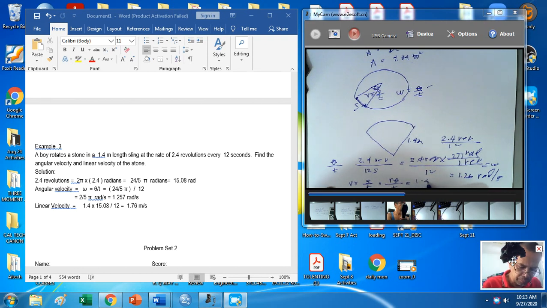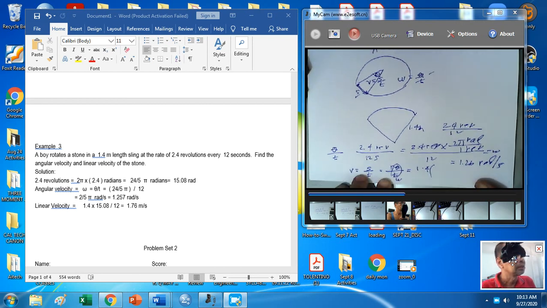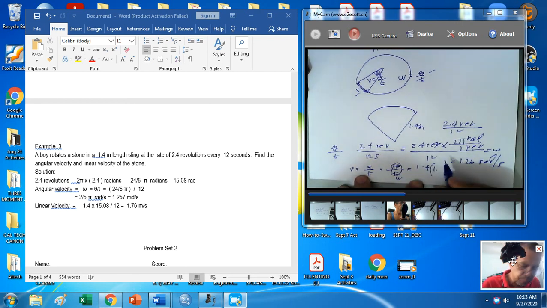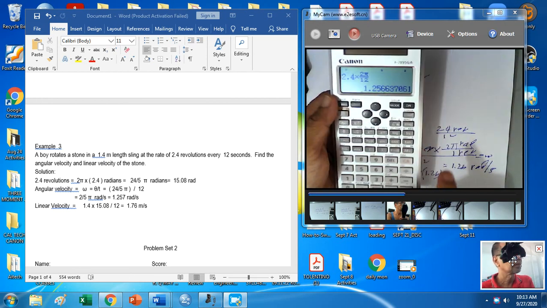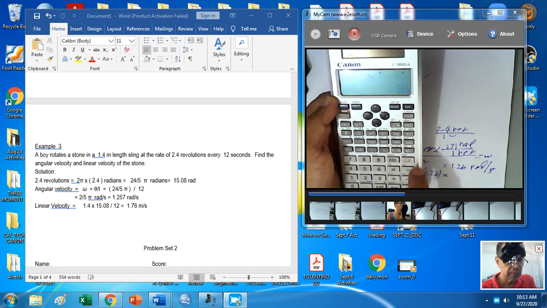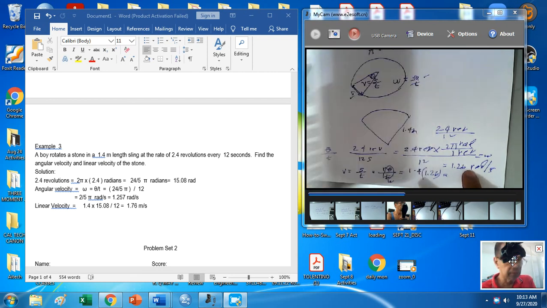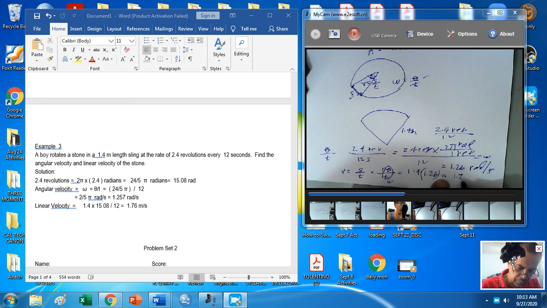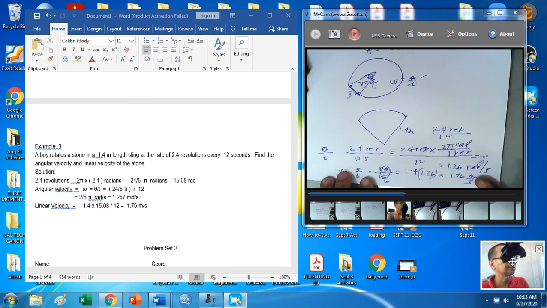Yung r natin is 1.4, times yung theta over t natin, that is already the angular velocity. So, you just multiply this by 1.26. So, 1.4 times 1.26 gives you 1.76 meter per second.